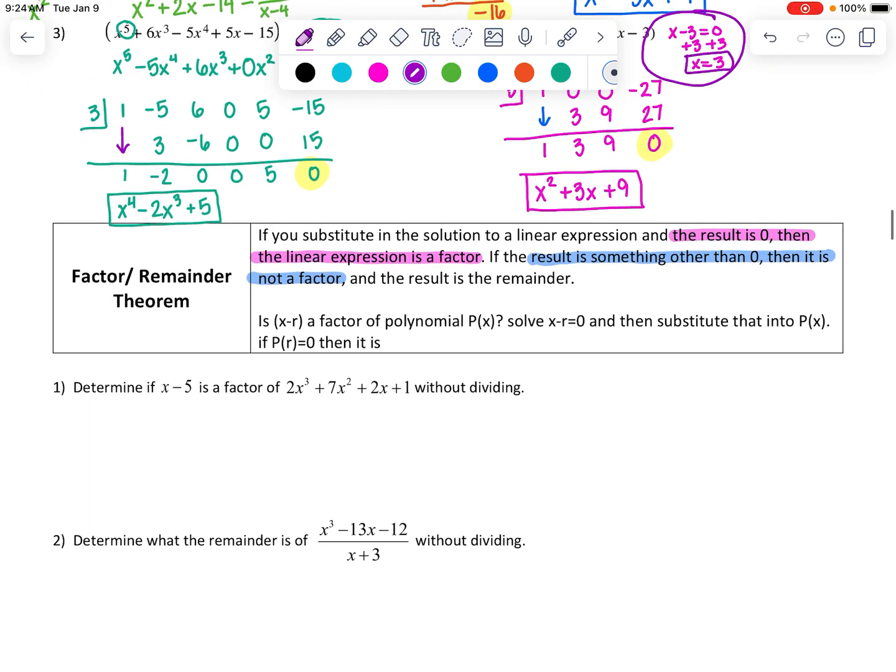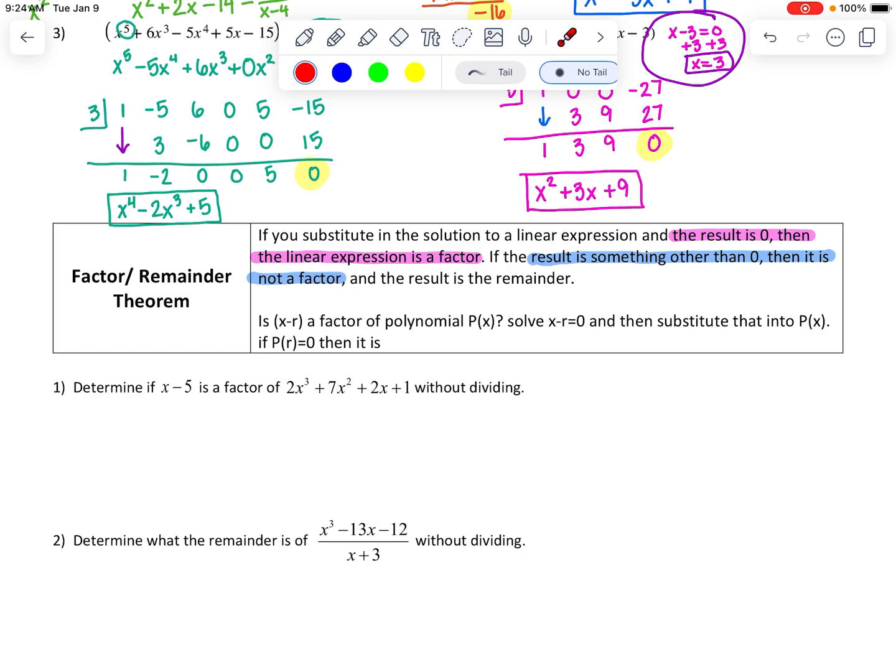So if we substitute that solution into the original polynomial, if the result is 0, then we know that that expression is a factor of the polynomial. If we substitute that value in, and the result is anything other than 0, then we know that that expression is not a factor. Okay?